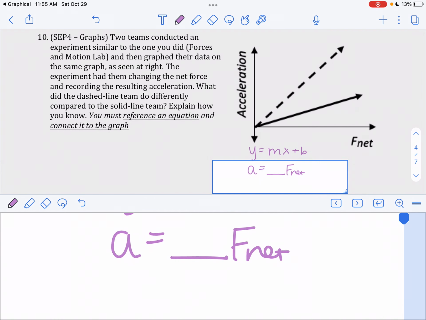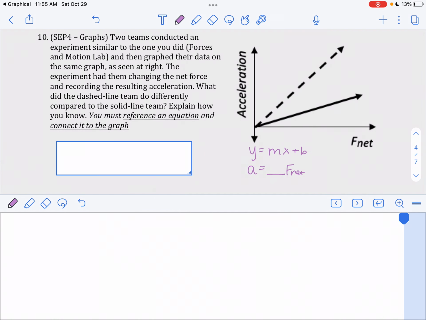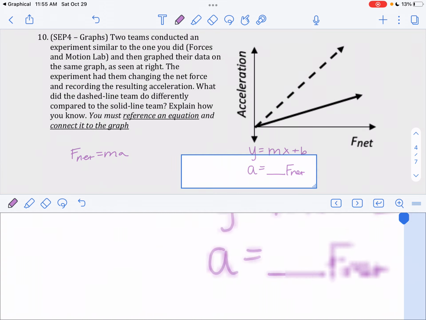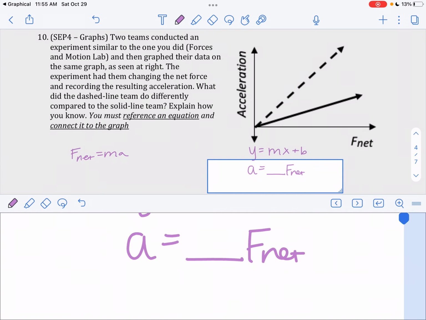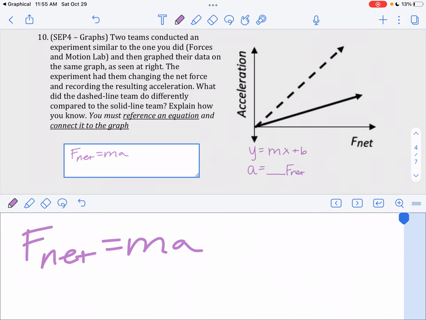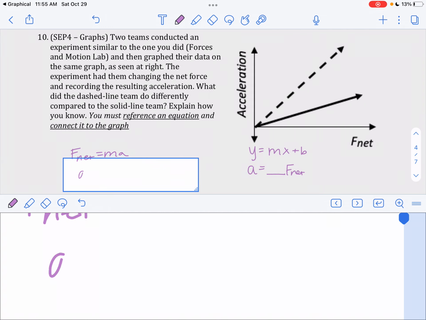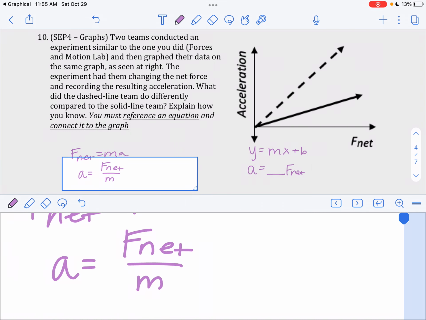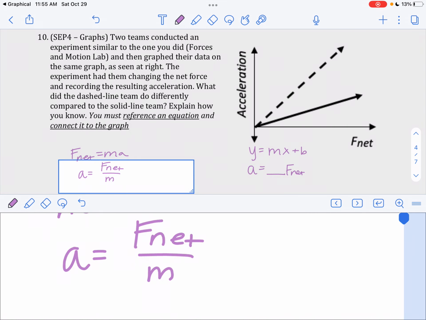Well, I have an equation that relates a and FNet, and that's FNet is equal to mass times acceleration. But that doesn't really look like this equation, so I need to rearrange it so it looks like a equals something. So if I divide both sides by mass, I get FNet over m. And so I need to make this equation look like this one.